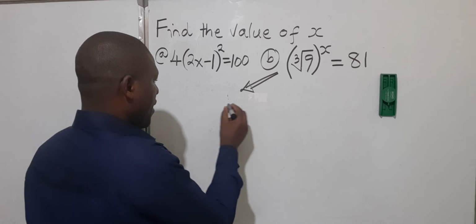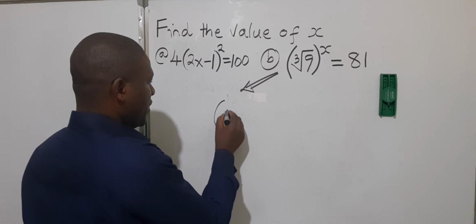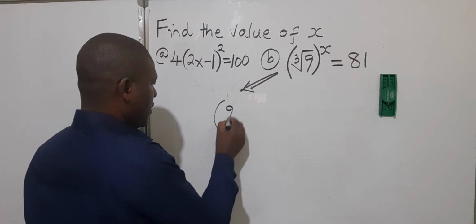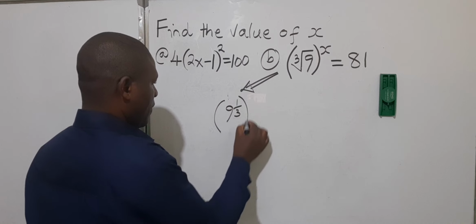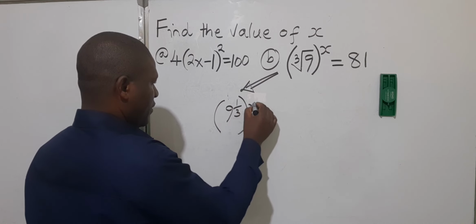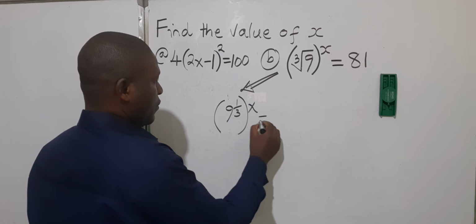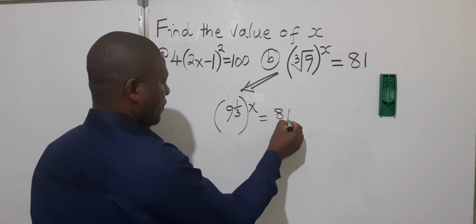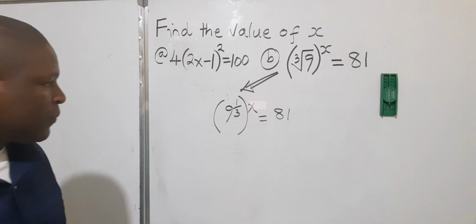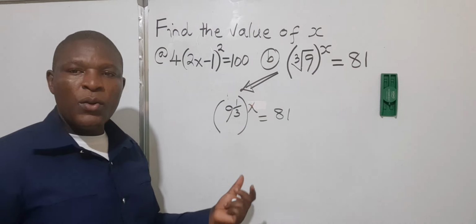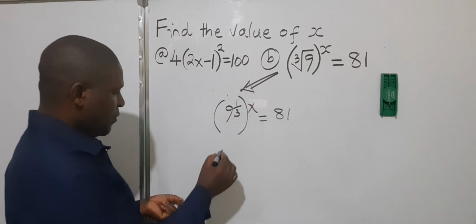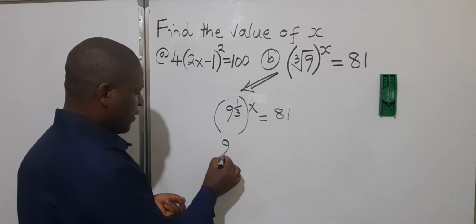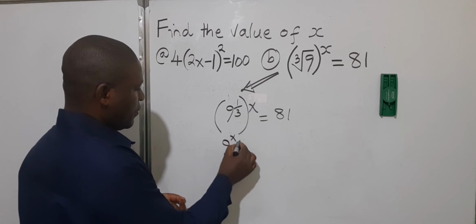Remember, what is in the brackets can also be written like this: 9 power 1 over 3, outside raised to power x equals to 81. Okay? So according to laws of indices, we can multiply the powers, which means this will be 9 power x over 3.